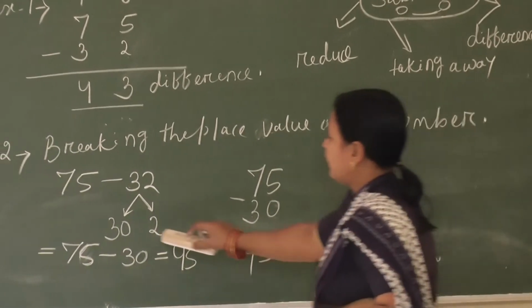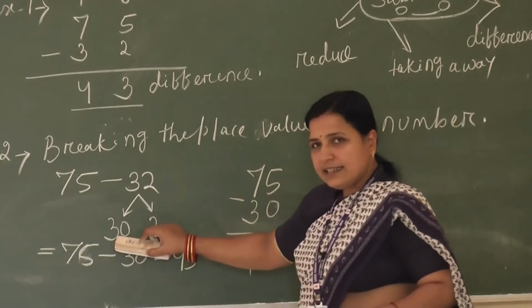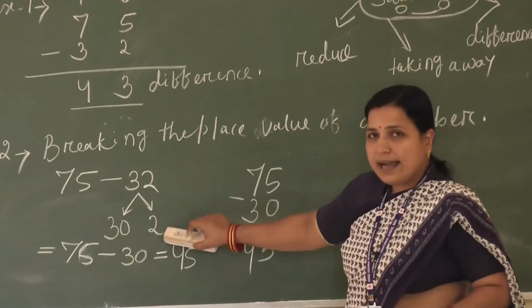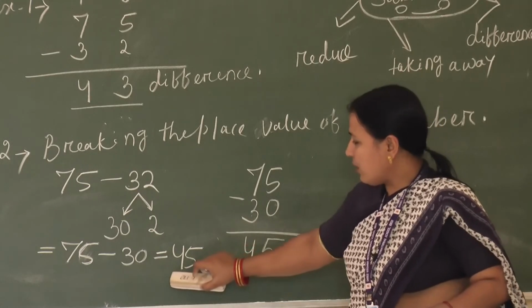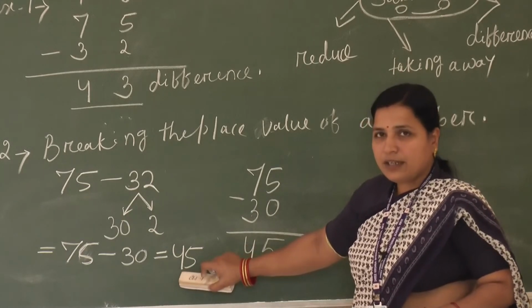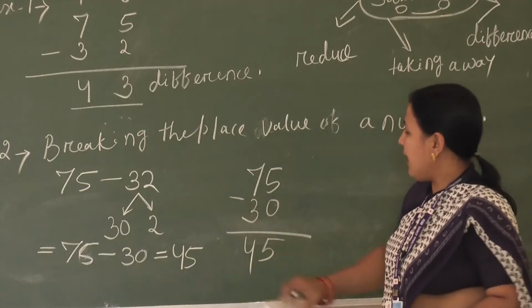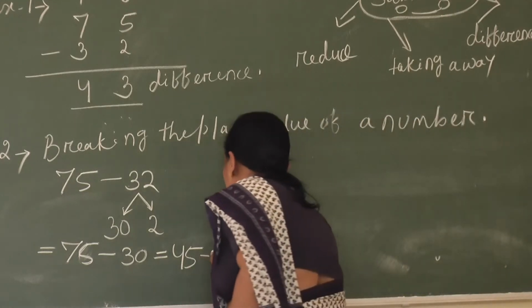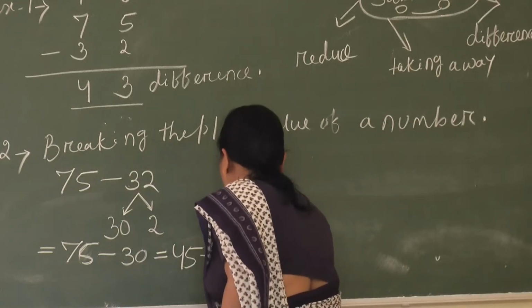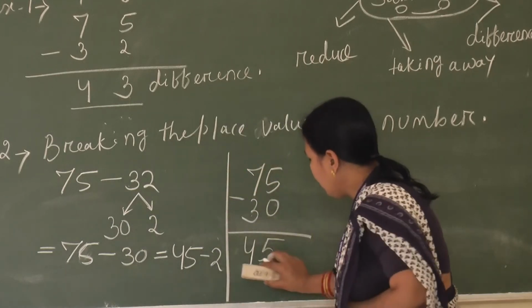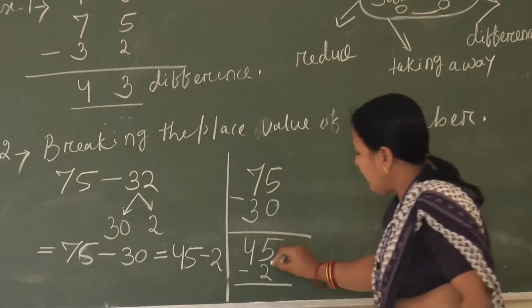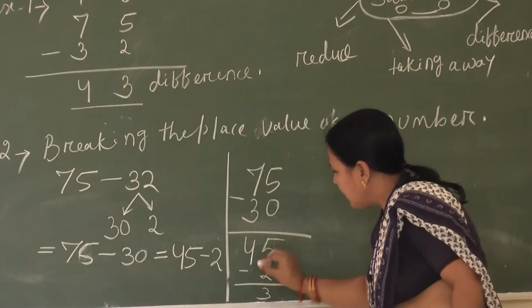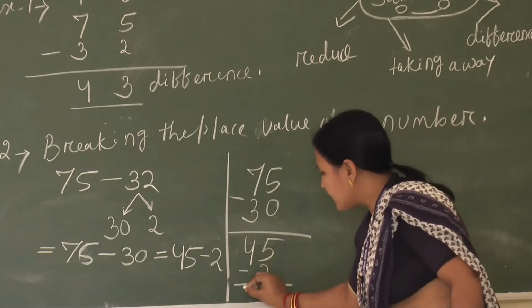Which number is left? When we break 32, 3 tens is written and 2 ones is written. So after getting the difference 45, then you subtract 2. So you do 45 minus 2. 5 minus 2 is equal to 3. 4 comes down.